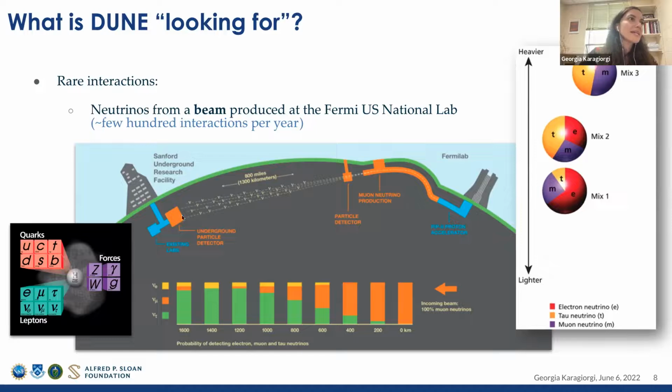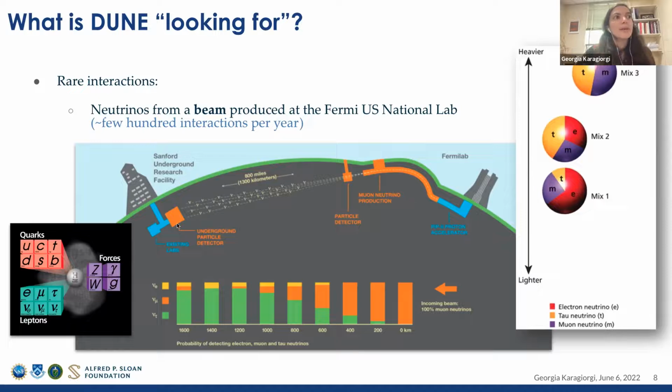The only thing that makes it to the detector is very weakly interacting particles like the neutrinos, which themselves travel through 800 miles of Earth unperturbed before making it to the detector. And then we look for some of these to interact in this massive four-module detector over here.